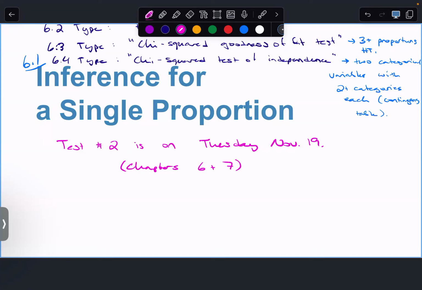On our formula sheet, let me see what the order is. I was just going to copy it.